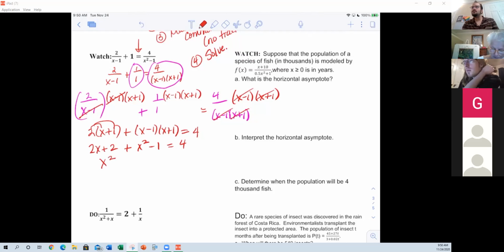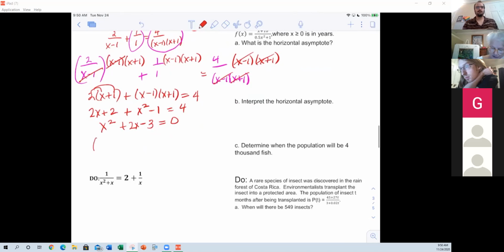X squared plus 2x, and that would be plus 1, and then that would be minus 3 equals 0. And this is going to factor. I need two numbers that multiply to -3 and at the same time add to 2. So that would be +3 and -1.